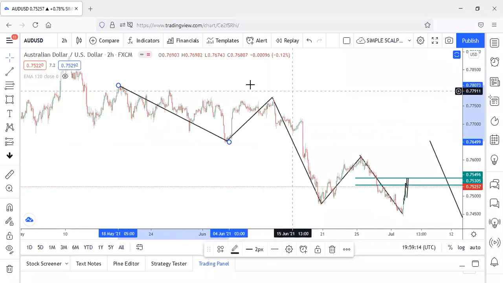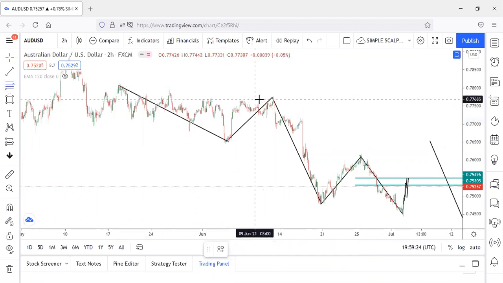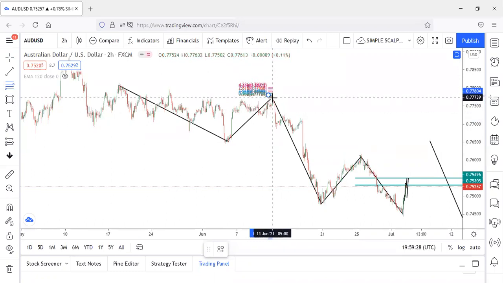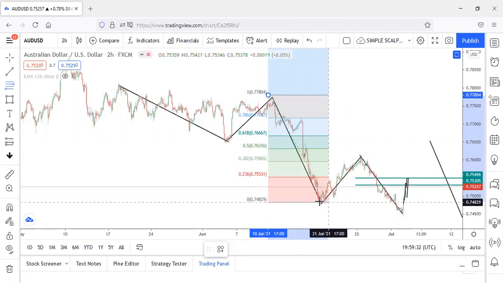As a matter of fact, once you are drawing your fib for a downtrend, you want to use the last high. So this last high is what we are going to use. You draw it from the top, drag it to the downside, then make sure it's in line with the last bottom.